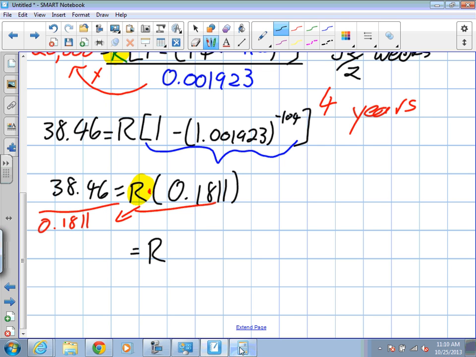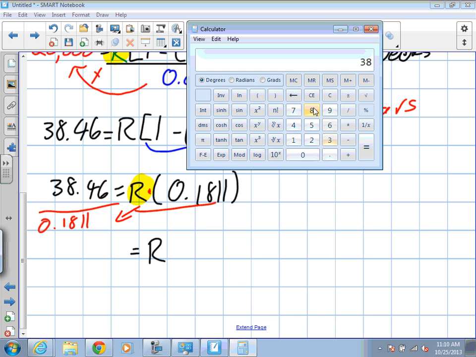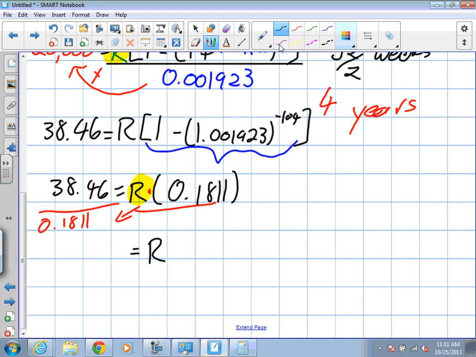So 38.46 divided by 0.1811 equals 212.37. That's $212, and we rounded up to 37 cents.